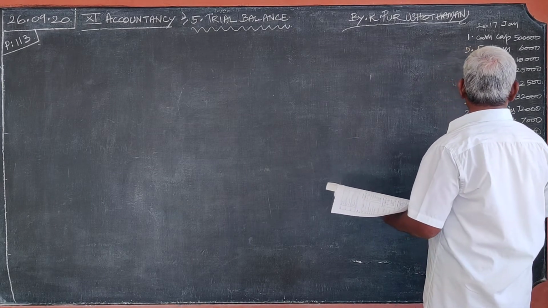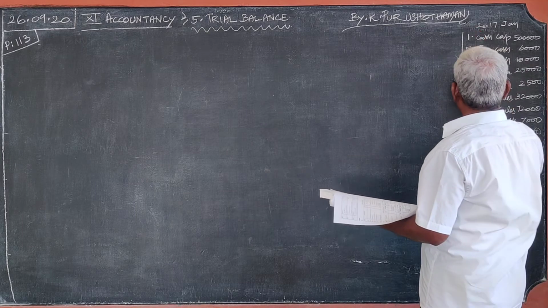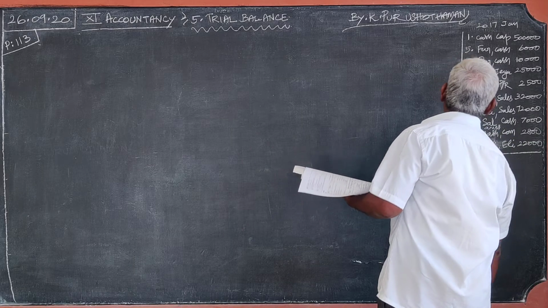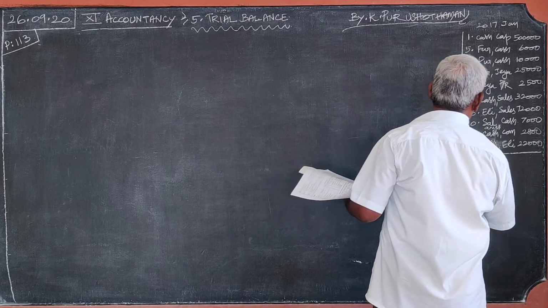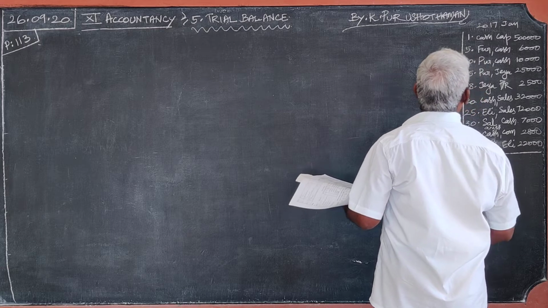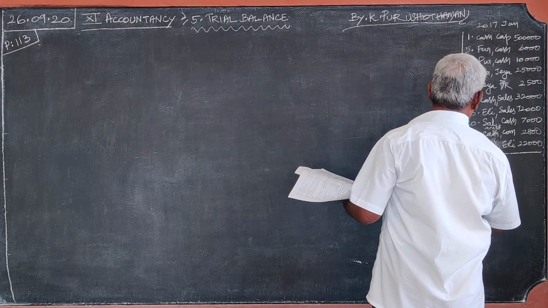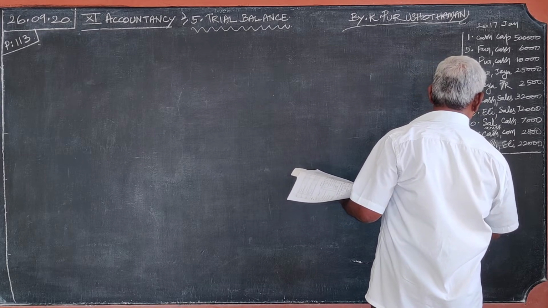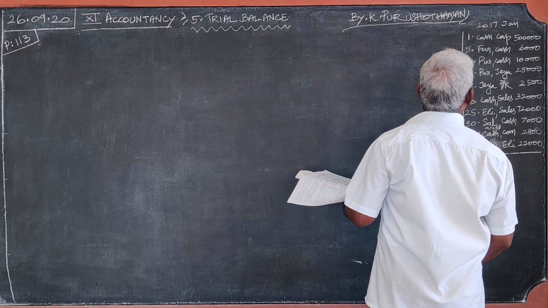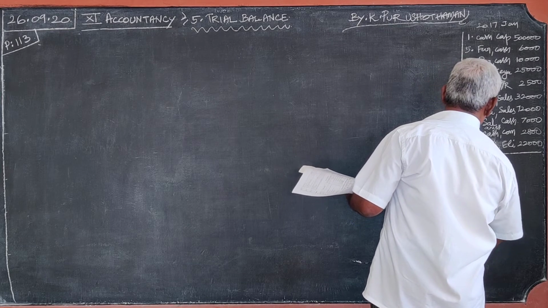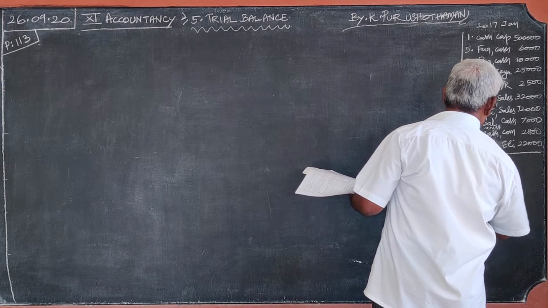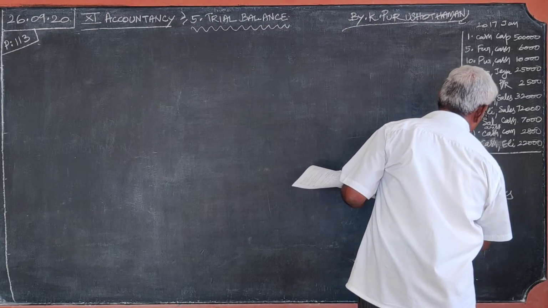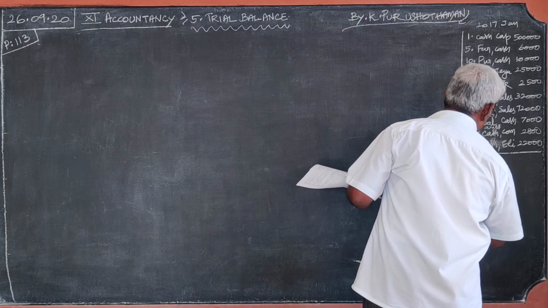Okay. And from these 10 transactions, now we should select the names of the ledger accounts. First one, cash account, we should prepare. Second one, capital account. Third one, furniture account. Fourth one, purchases account. Fifth one, Jayanti account.